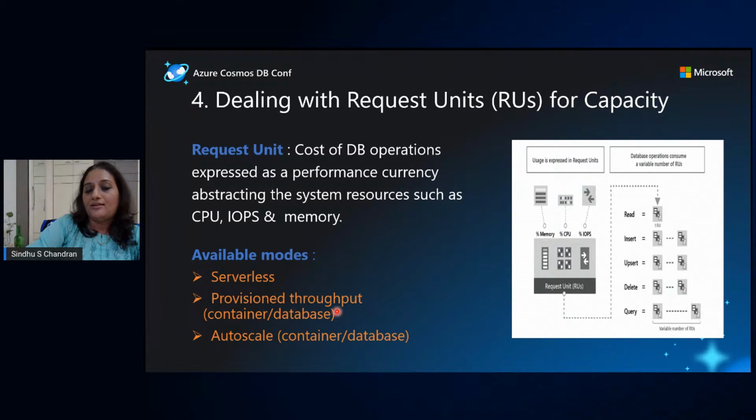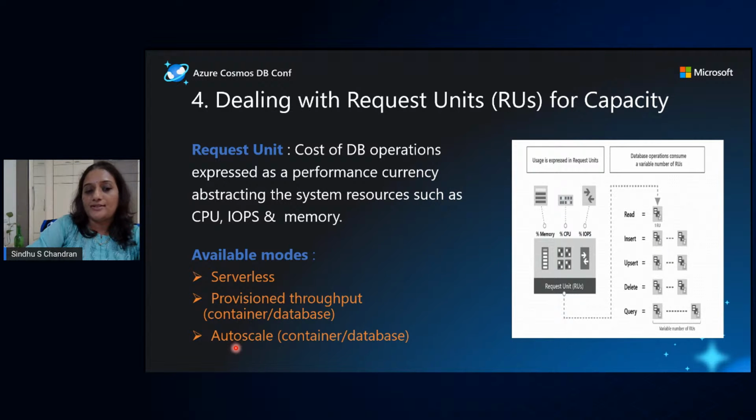The database level, the table level gives more flexibility in managing your RUs. The provisioned throughput is a good option if your workloads are predictable with maybe some 20 to 25% variation.